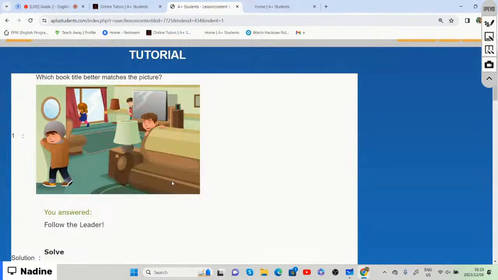And remember, when we do write a title, the first word of the title needs to be capitalized, the last word needs to be capitalized.